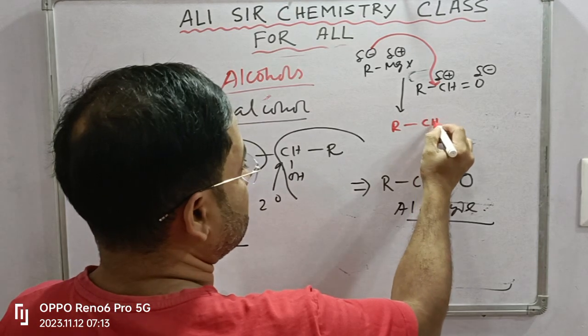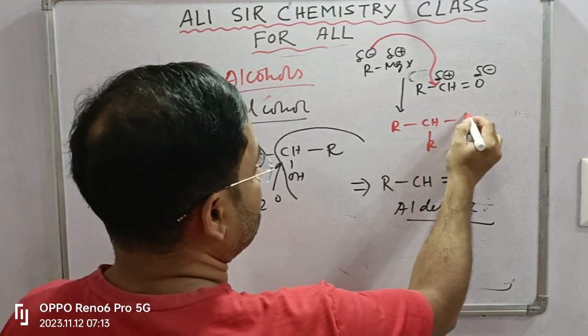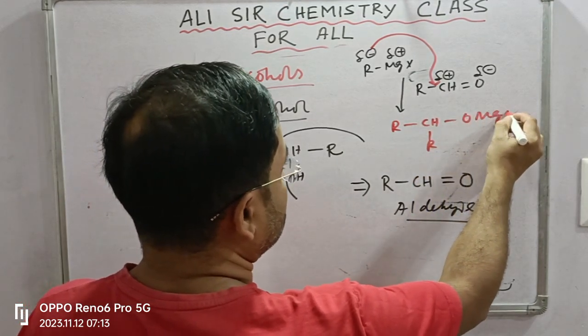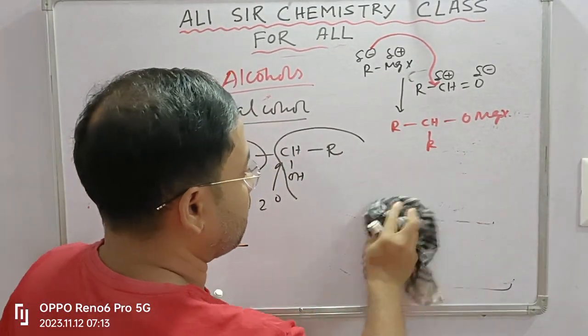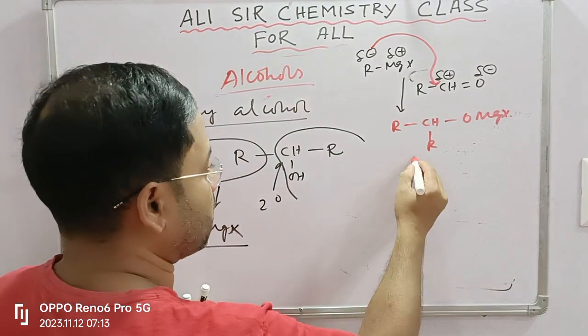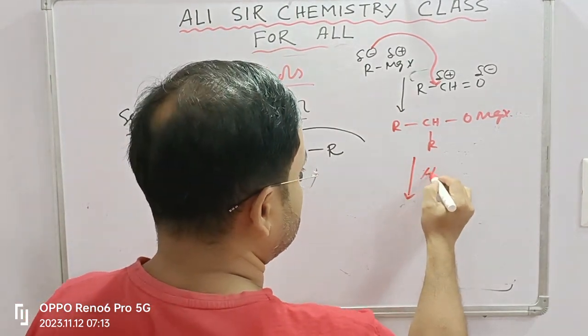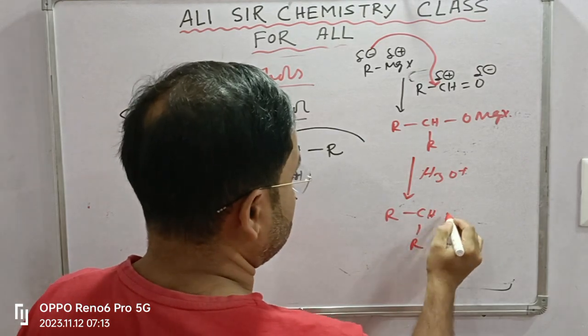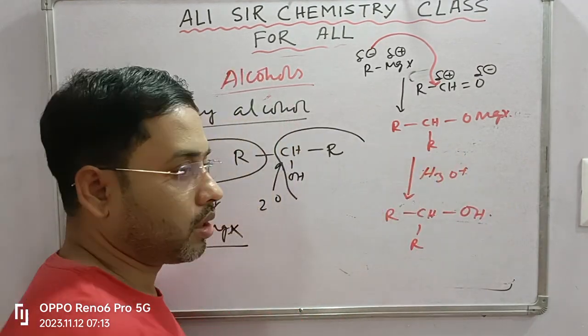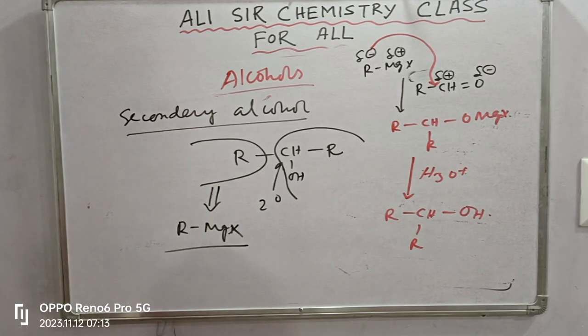This becomes RCH(R)OMgX. After acidification, again we will get our desired secondary alcohol, RCH(R)OH.